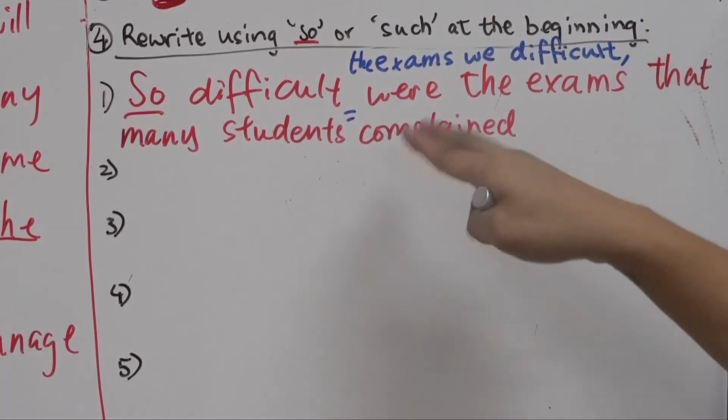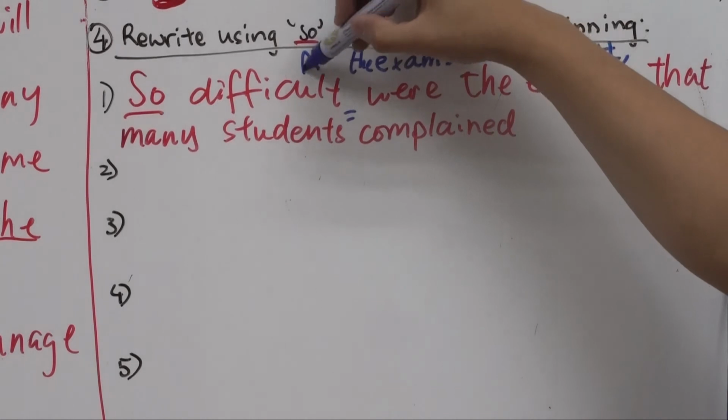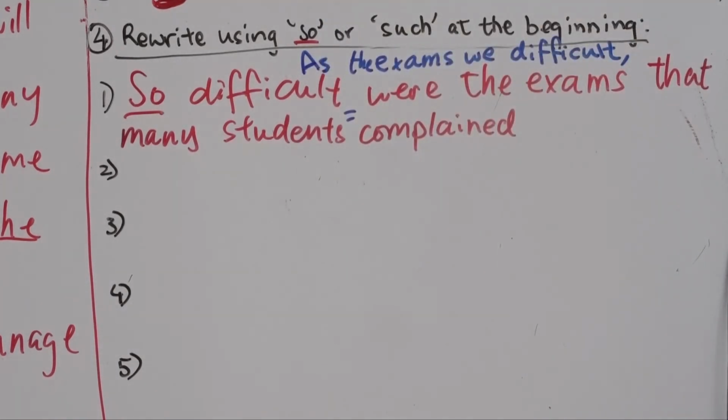The second part is the same. Might as well just write down the whole sentence. As the exams were difficult, many students complained. So difficult were the exams that many students complained.